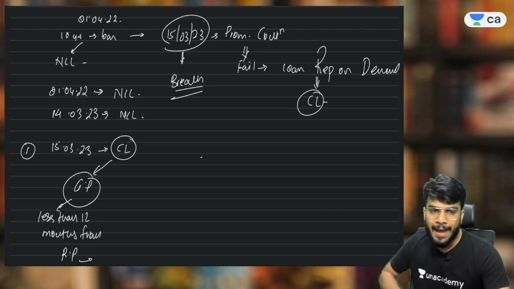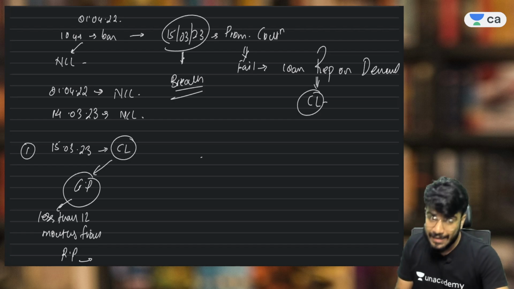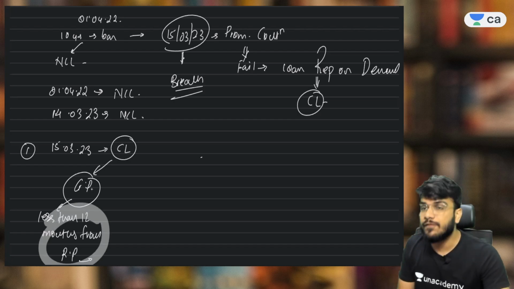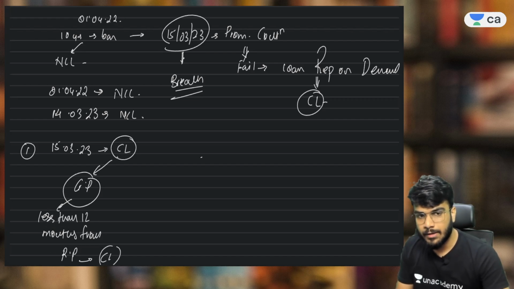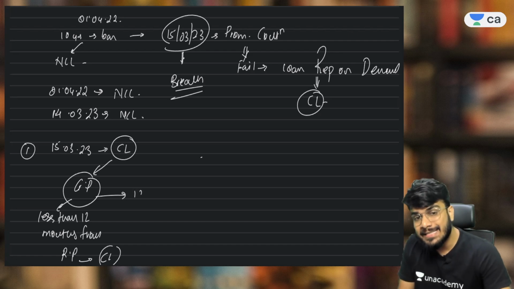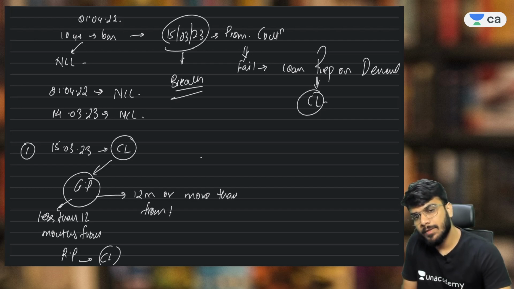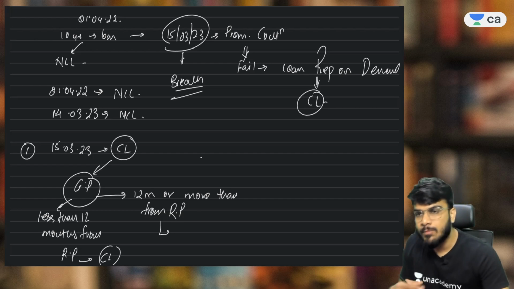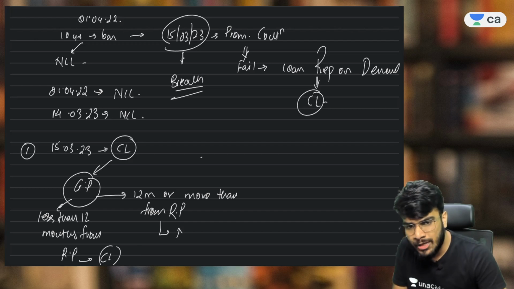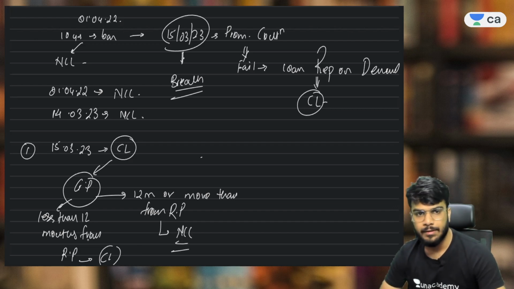IND AS clearly says that if the grace period is less than 12 months from the end of the reporting period, it has to be classified as current. So what if the grace period is exactly 12 months or more than 12 months from the reporting period? If you are granted a grace period of more than 12 months from the end of the reporting period or exactly 12 months, then the loan has to be classified as non-current, right?